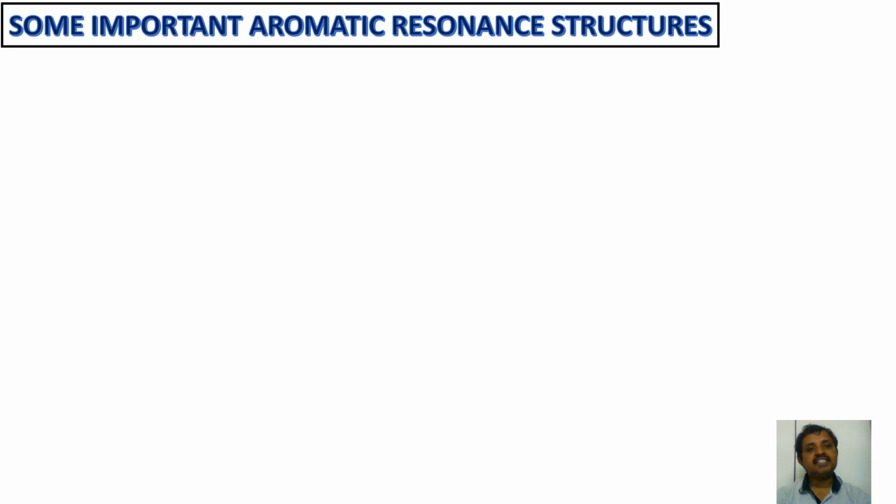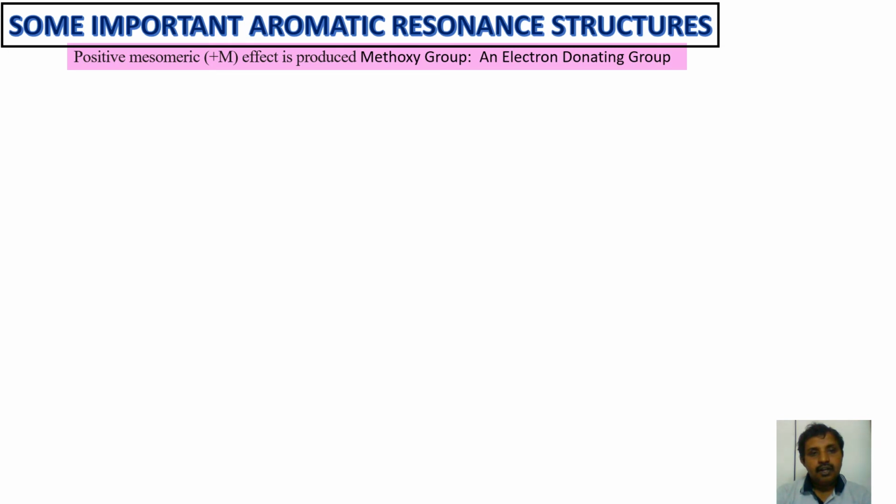Now let us discuss some of the important aromatic resonating structures. First, let us move with positive mesomeric effect groups, that is the methoxy group. The methoxy group is an electron donating group or electron releasing group. That is, the methoxy group is supplying electron density in the benzene ring.